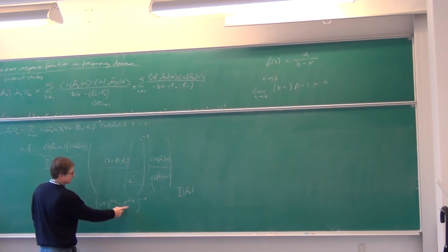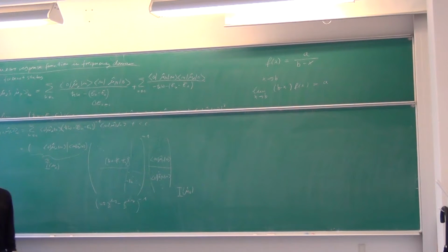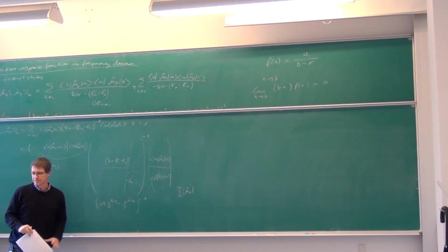And the E matrix is E_n minus E_0 in both parts.